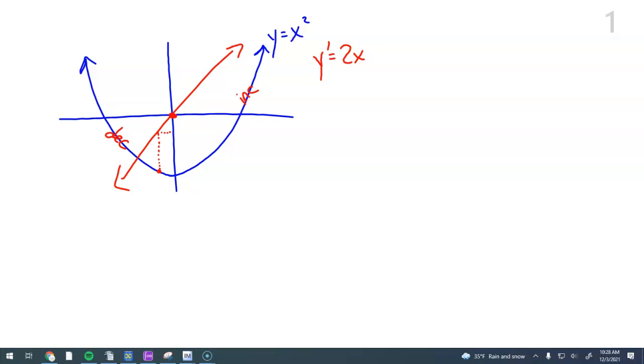So if I said what's the slope of the original graph here, I would read down to the derivative, read over, and say, okay, maybe it's -5 down there. So you can read the slope of the original by looking at the graph of the derivative. Does that make some sense?